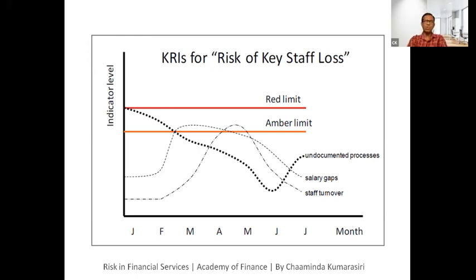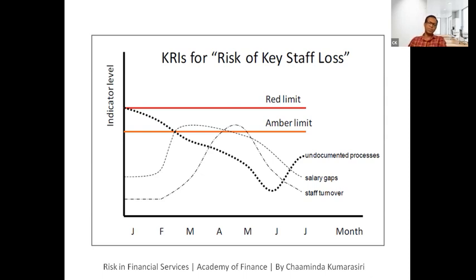You need to identify high performers or critical people leaving the organization. If you don't have that kind of precise definition, you can even go by the overall labor turnover, people leaving the organization.